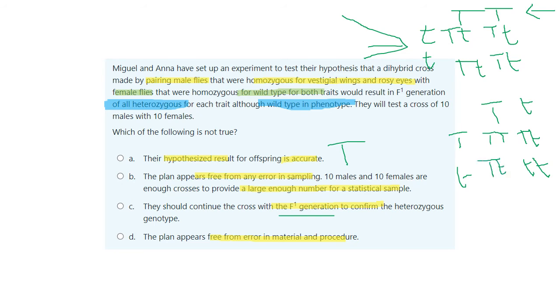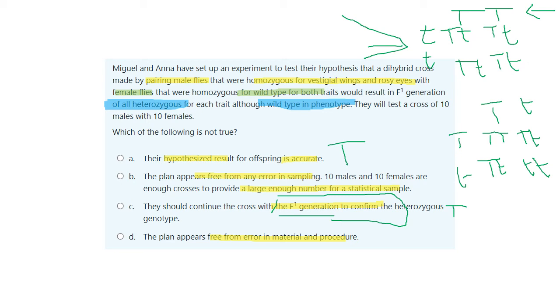So if we continue with the next generation, this would confirm the genotype is heterozygotic. So this would also be true. It would be good to continue the next generation to confirm what we have.